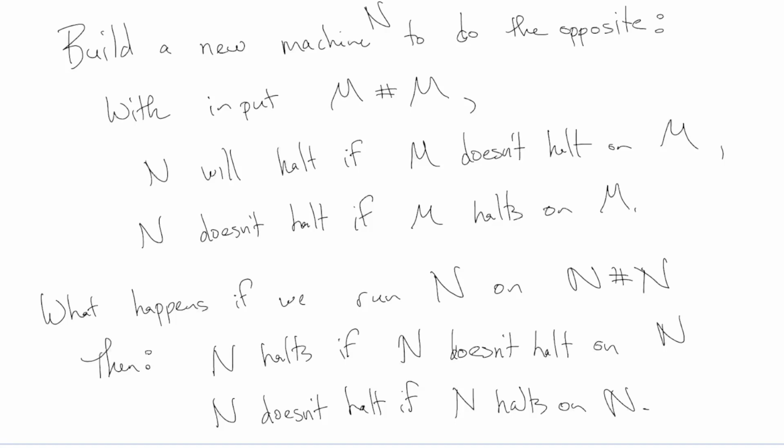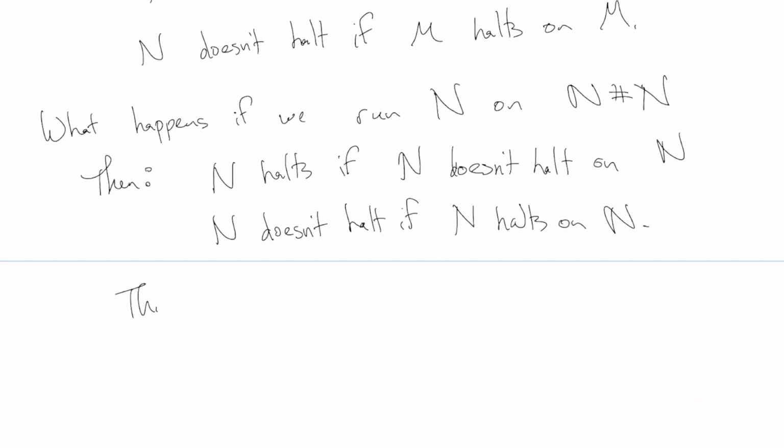If you are still capable of following along here, you will realize both of these lines are nonsensical, right? This says N halts if N doesn't halt, and this says N doesn't halt if N halts, all right? Neither of those can be true. And so this is the contradiction. All of this business leads to this logically nonsensical situation here. So I will just say this is impossible.